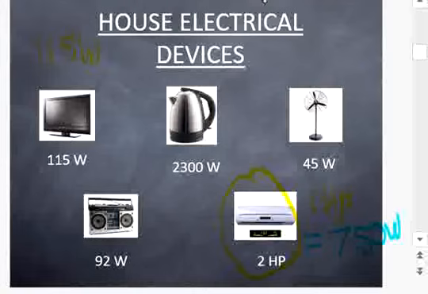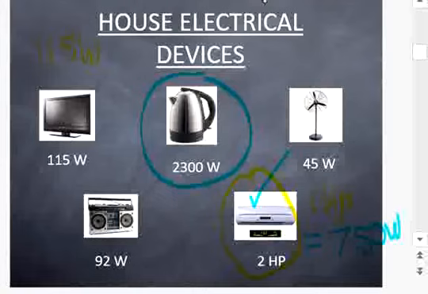Among all these 5 appliances, you will notice that the kettle uses 2300 joules of energy in 1 second, so this is the highest. However, the amount of energy used in one day, the most electricity, will be the air conditioner.